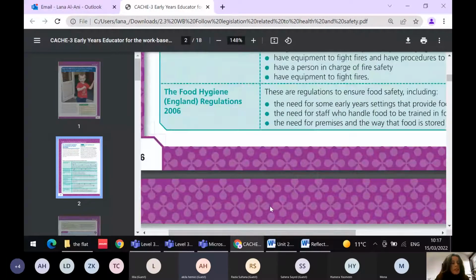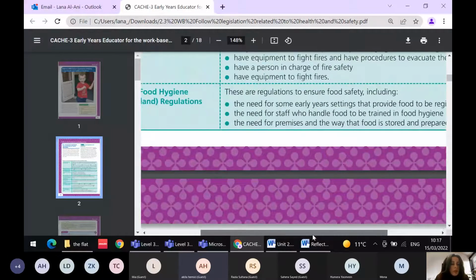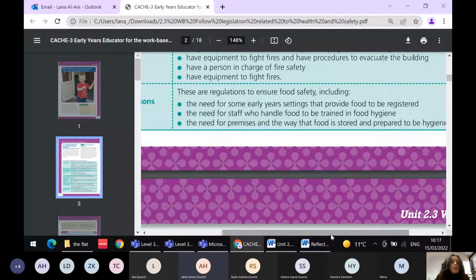There is another regulation, which is the Food Hygiene England Regulations 2006. What is it all about? These regulations ensure food safety and include the need for settings that provide food to be registered. So the food always should be registered. We should always make sure of the expiry date.